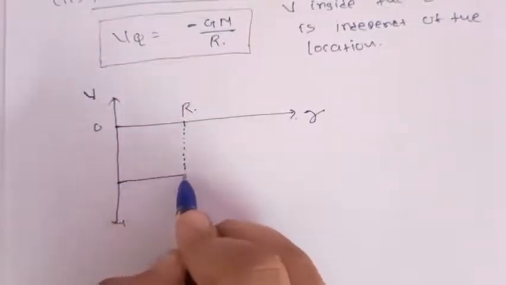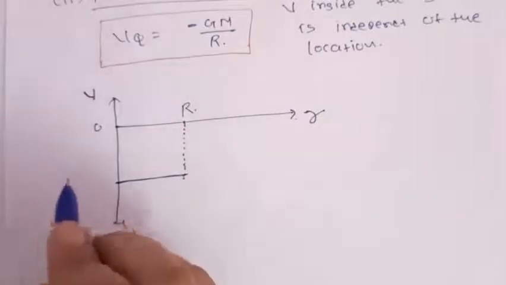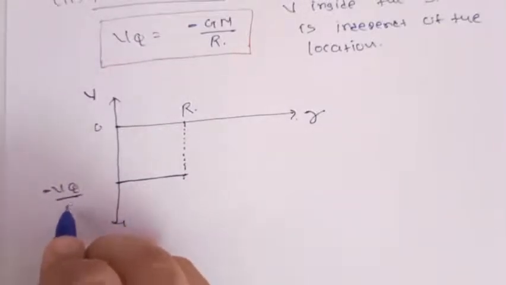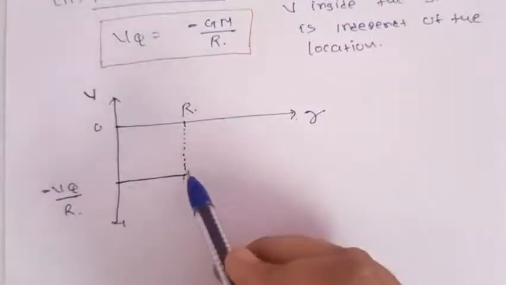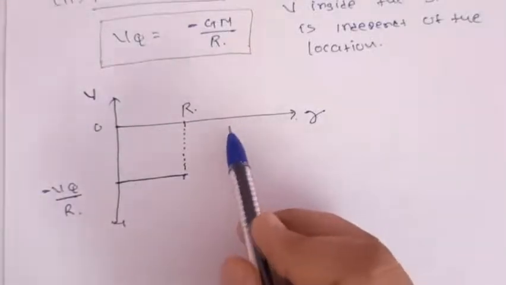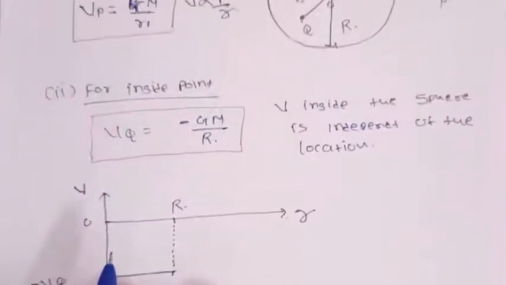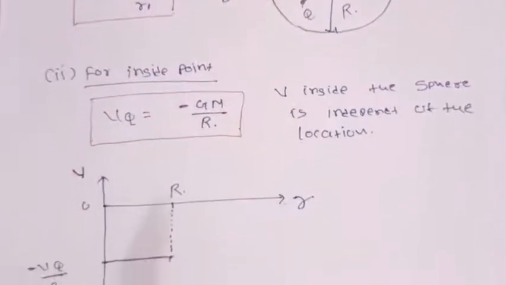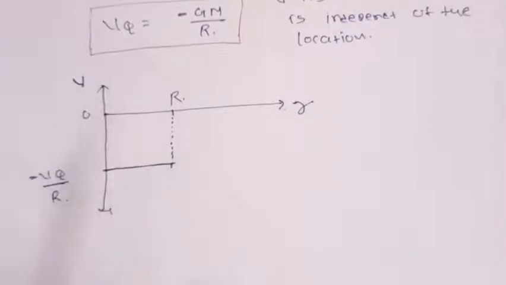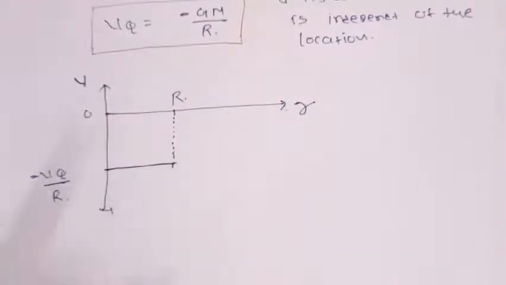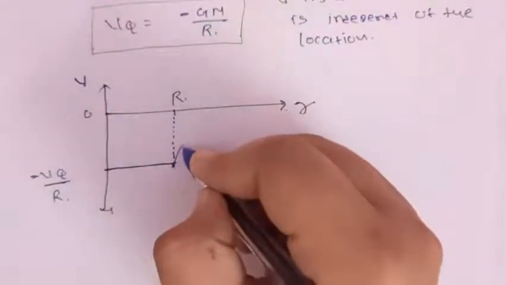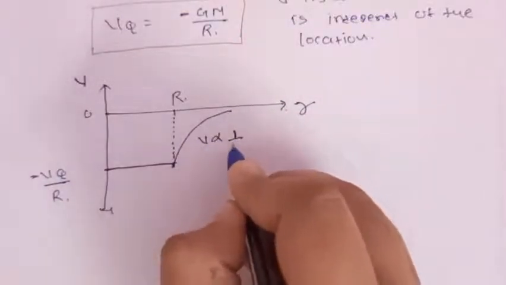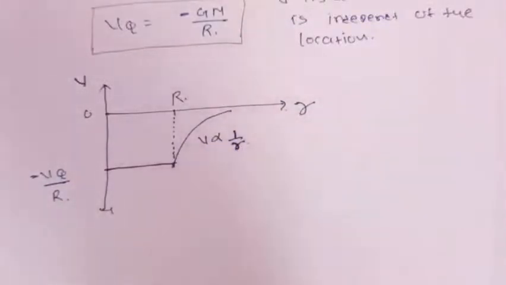So graph will be constant, having the value minus GM by R. Now, as we move outside the sphere, the potential is inversely proportional to r. For inversely proportional quantities, the graph will be hyperbola. So the graph will look like this, where potential is inversely proportional to r.